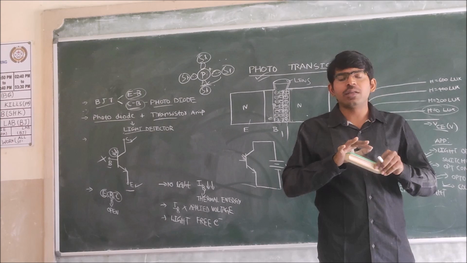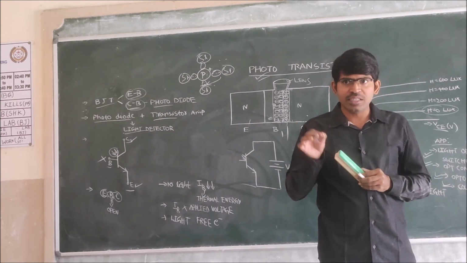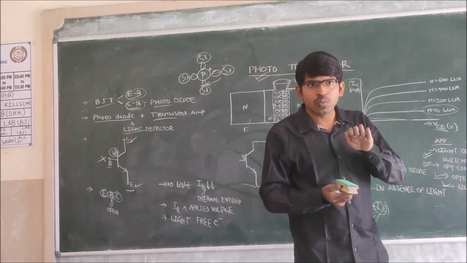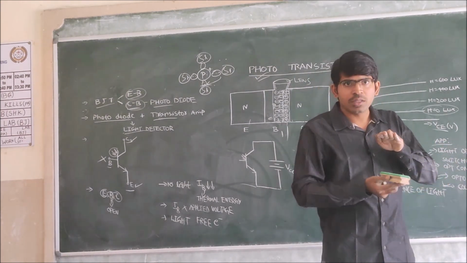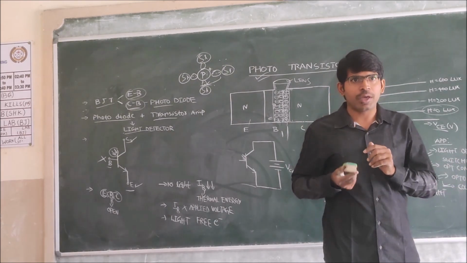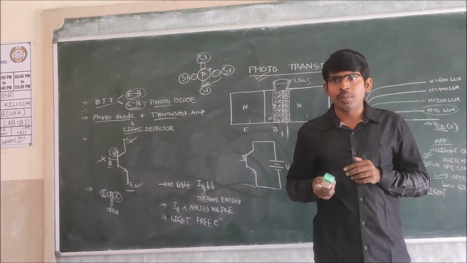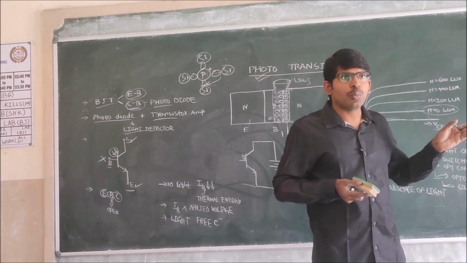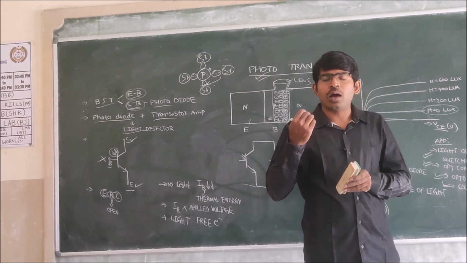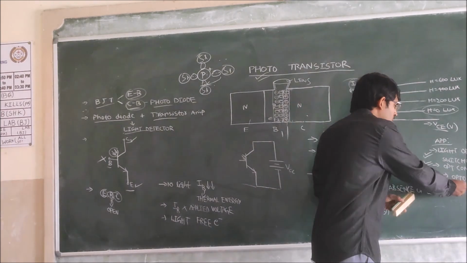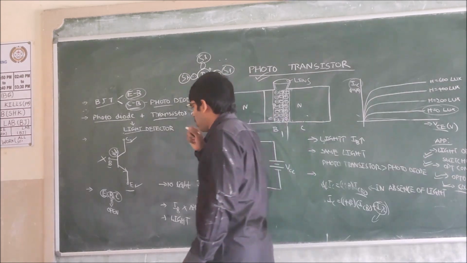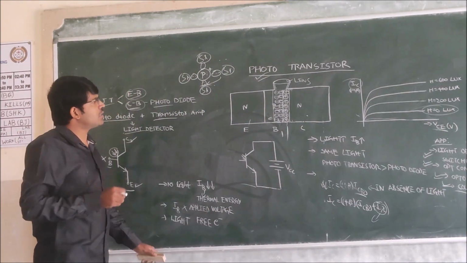Whenever counting of objects is required, the object can simply go through under the phototransistor. This will count it, and it will give the count when it is connected to a processor and controller. Based on that, we can tell how many biscuits or how many bottles are there. So in production counting of objects also, we use this phototransistor.